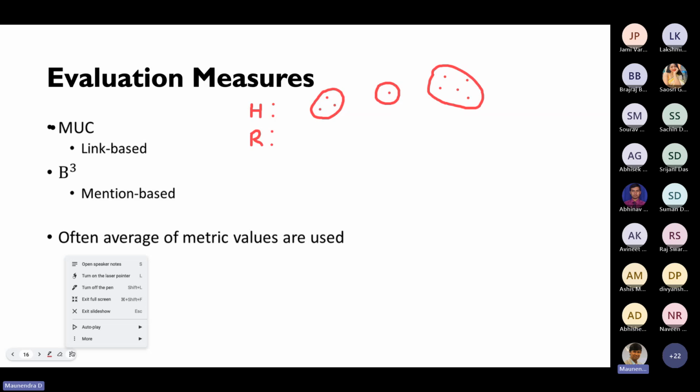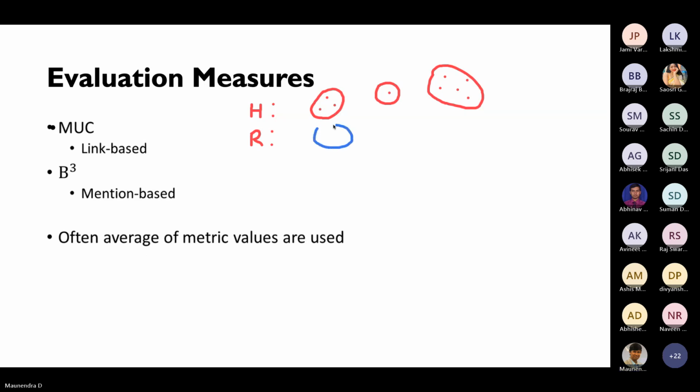Now, let us consider that in R, we have two clusters. Here we have two of them, and here we have a few more of them.